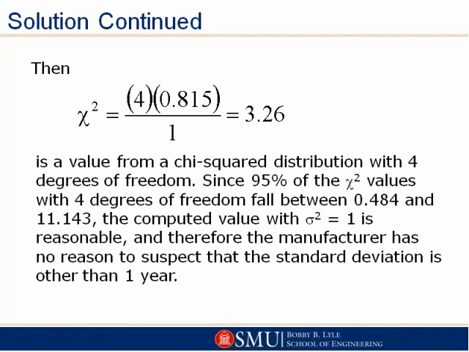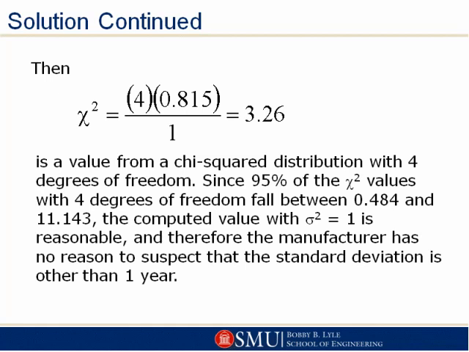Here n minus 1 is 4, the sample variance turned out to be 0.815, and the conjectured standard deviation and variance for the full population is 1. So the chi-square statistic turns out to be 3.26 with 4 degrees of freedom.